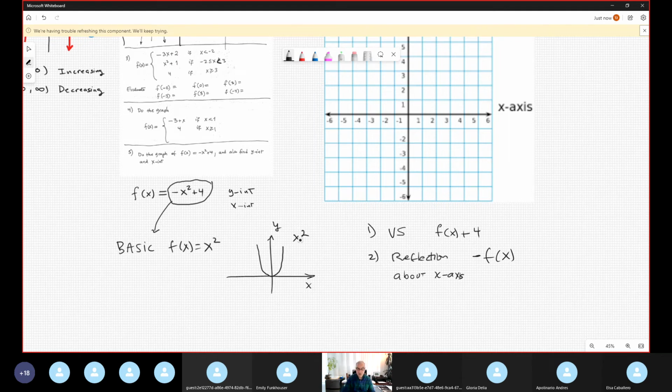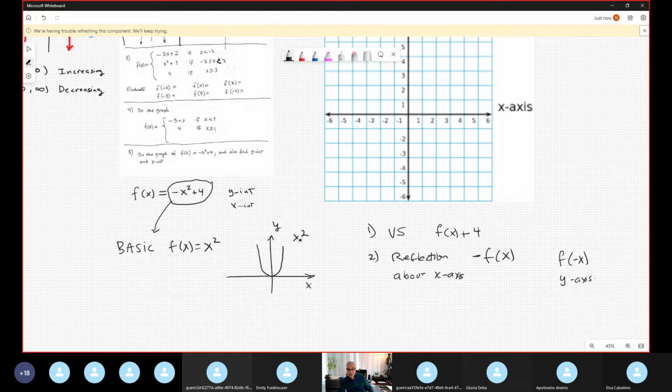Okay, you need to remember the different kinds of reflection. See, the negative is outside, a reflection about the x-axis, and see the negative is inside, is reflection about the y-axis. This is a y-axis reflection.